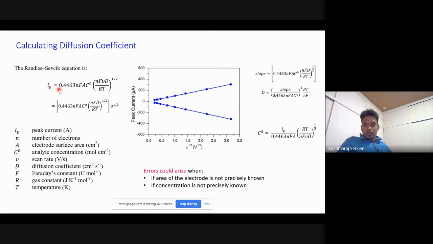So that is how we can use scan rate and cyclic voltammogram to find out the diffusion coefficient. On the other hand, if you know the diffusion coefficient, you can also find out the unknown concentration of the analyte in the solution. So that is how CV can be used extensively just by varying the scan rate and playing with other things within the solution and the electrode interface.